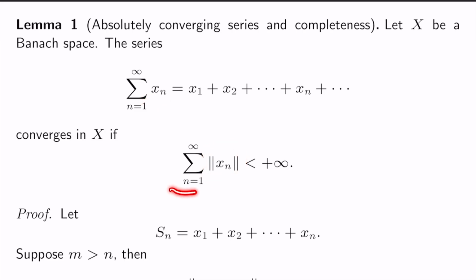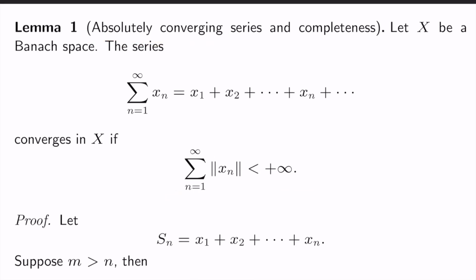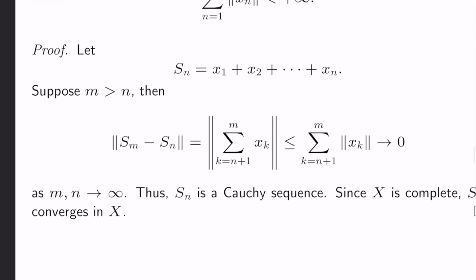When a series satisfies this condition, it is said to be absolutely converging, because in the case when this X is the set of real numbers, this norm corresponds to the absolute value. So let's move on to the proof.